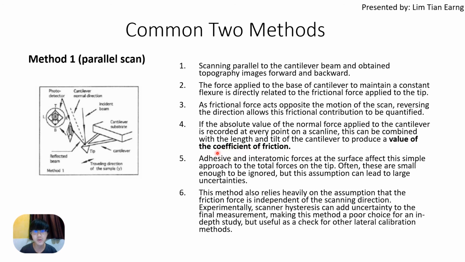The thing that we want to get is this coefficient of friction. The explanation given is that if the absolute value of the normal force applied to the cantilever is recorded at every point on the scan line, this can be combined with the length and height of the cantilever to produce the coefficient of friction.